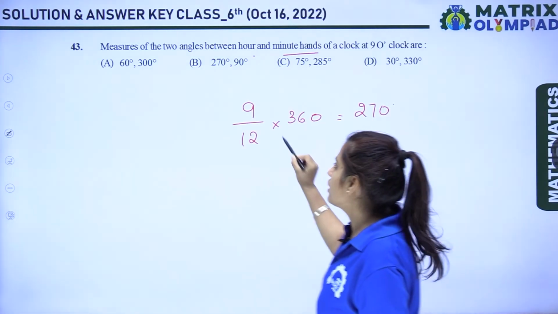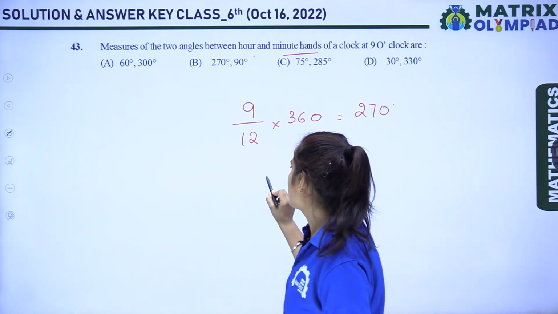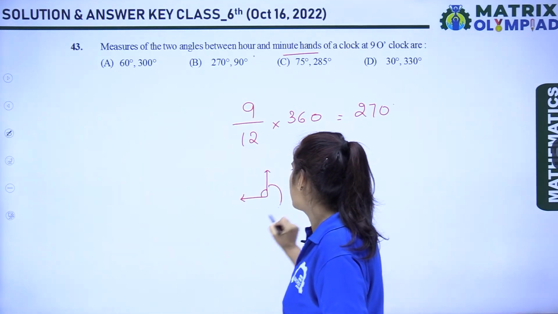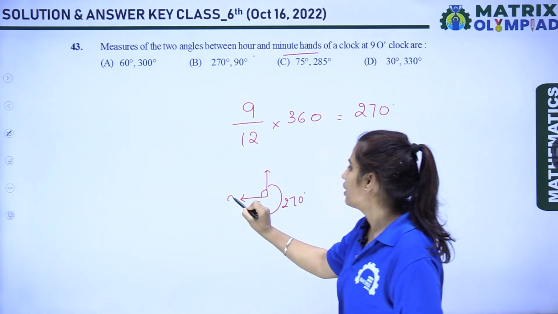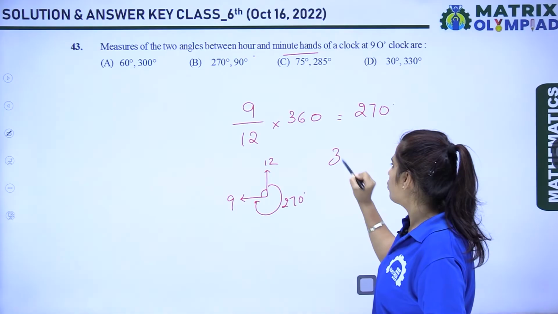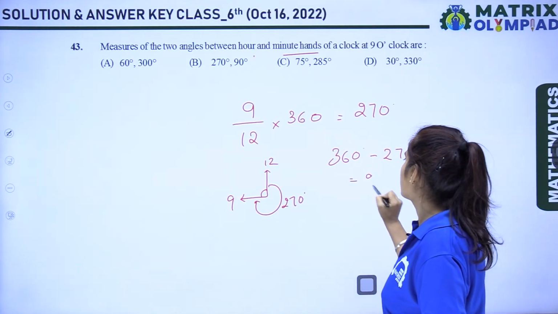So here we get an angle that is the outer part. This is the angle that is 270 degrees. After subtracting 270 from 360, we get 90 degrees.